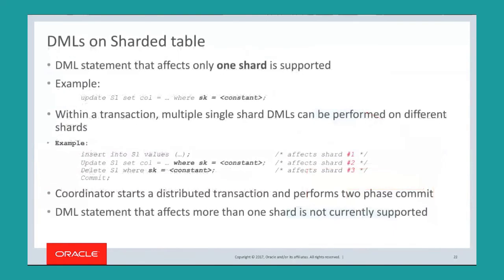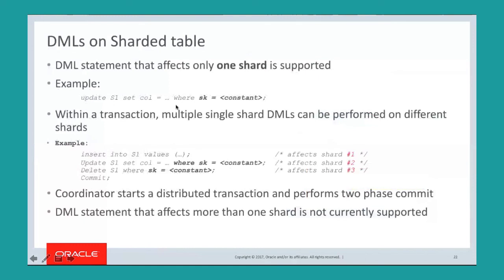Okay. So, DMLs on sharded tables. There are certain restrictions with respect to DMLs. I just want to call it out here. In this first release, a DML statement such as update this table, set column, where sharding key equals a constant, when I run this, it can only affect one and only one shard. I can't have a massive update that will spawn and run across multiple shards. So that's an important restriction that we want to know.